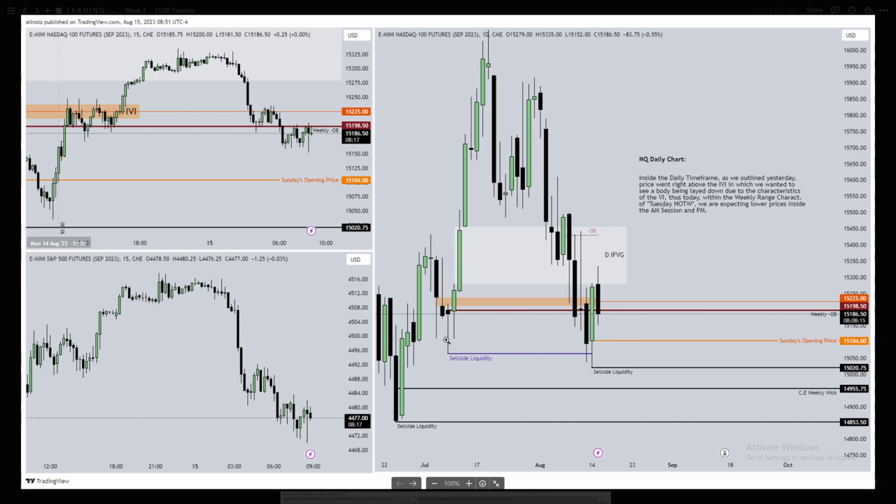Why? Because we have the narrative that we're going below this sell side here, the consequent encroachment of the weekly wick, which is only the mean threshold of this down close candle, the 50%, and ultimately the sell side. So without the narrative in mind from the weekly and the monthly chart, this could not have been possible.